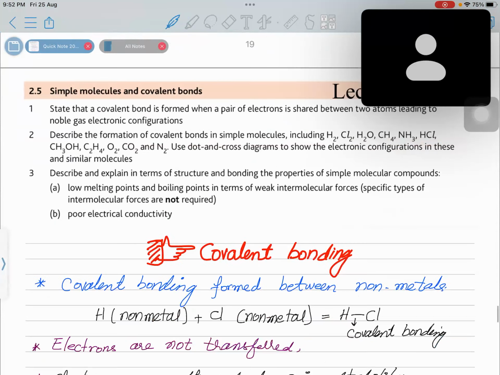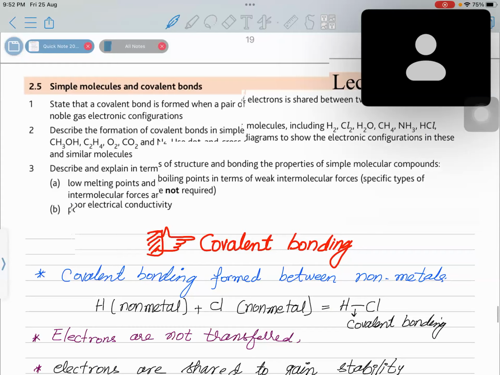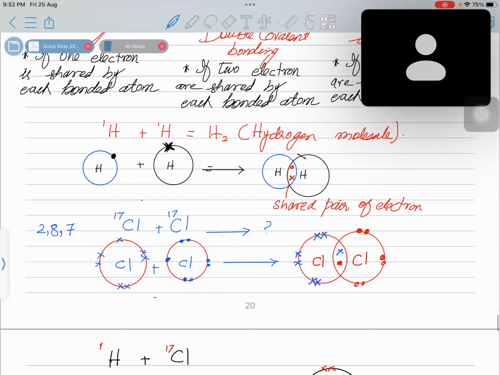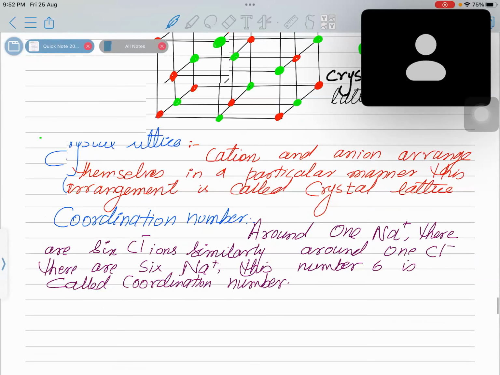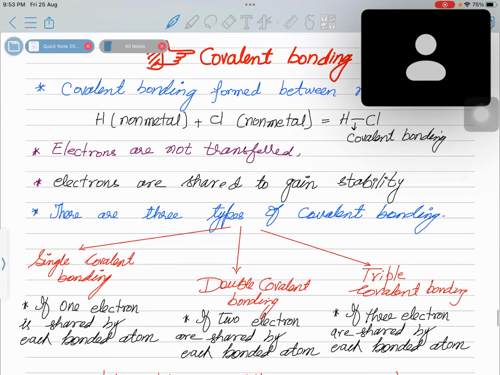So all we have discussed. Simple molecular compounds. Now the next topic is: describe and explain in terms of structure and bonding the properties of simple molecular compounds. Low melting point, boiling point in terms of weak intermolecular forces, poor electrical conductivity. Okay. So covalent is also completed.